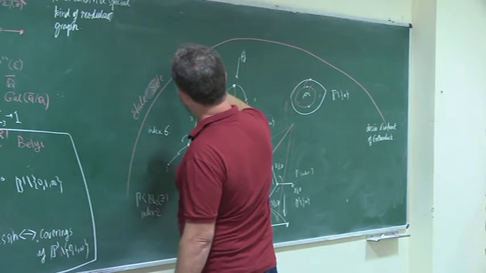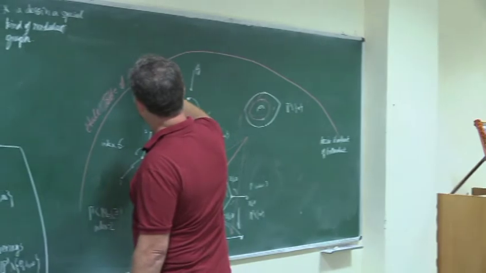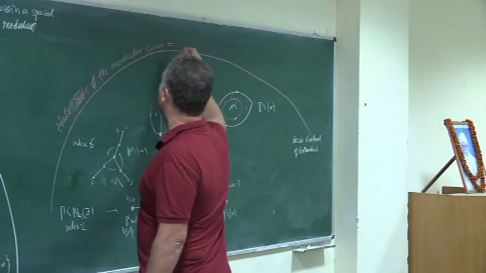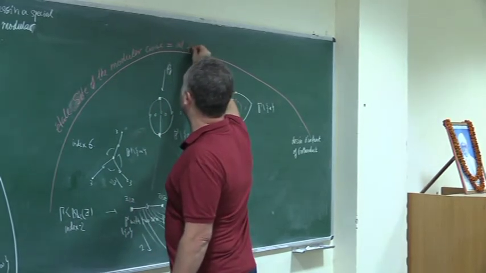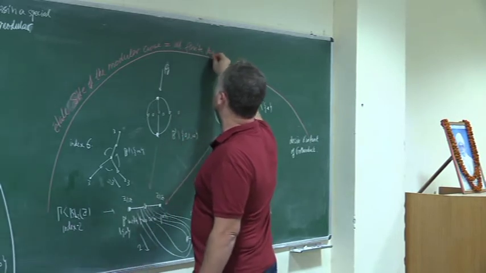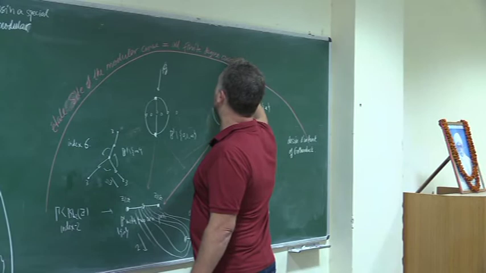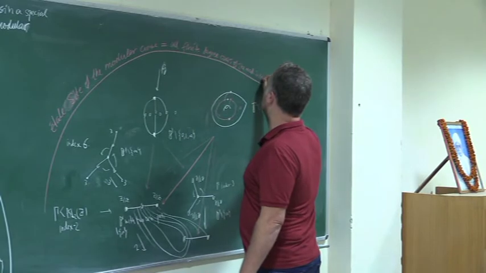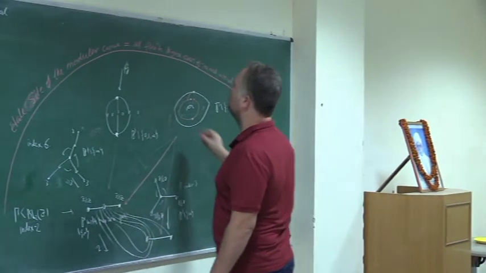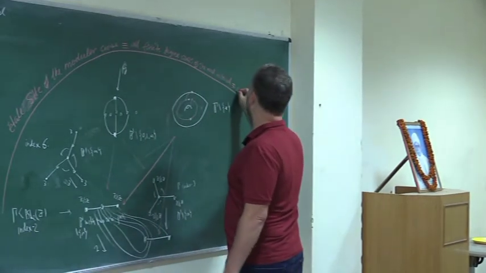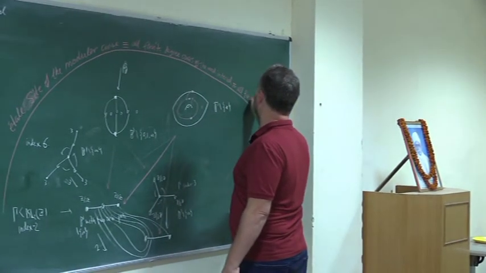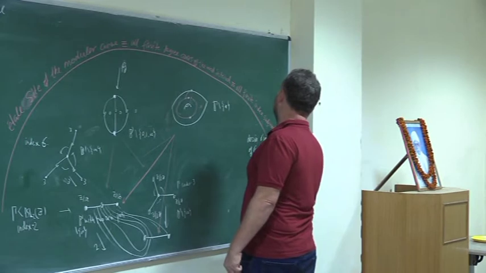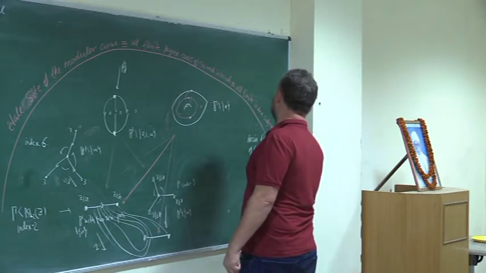In a more fancy language, étale site of the modular curve, which consists of all finite degree covers of the modular interval, which is equivalently the set of all finite index subgroups in PSL2Z.